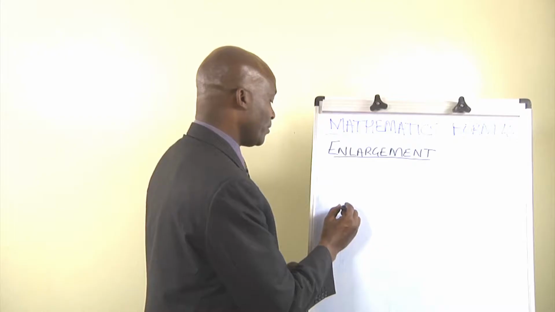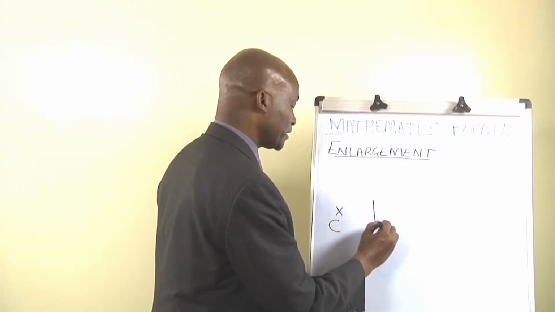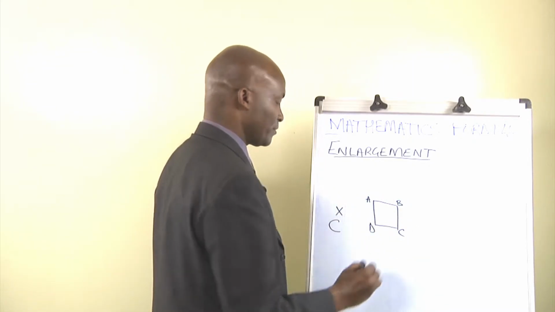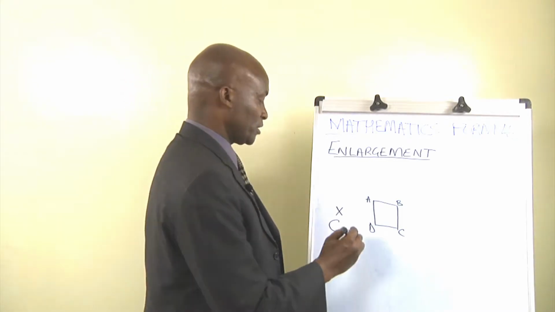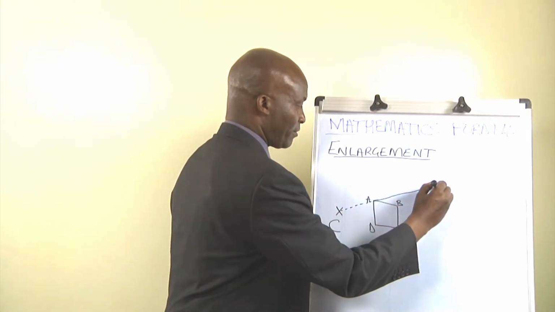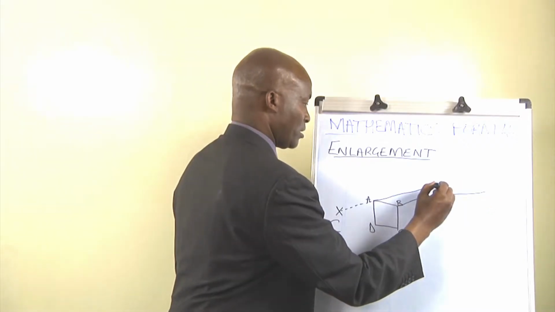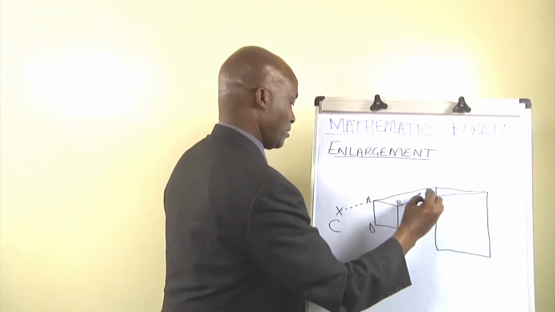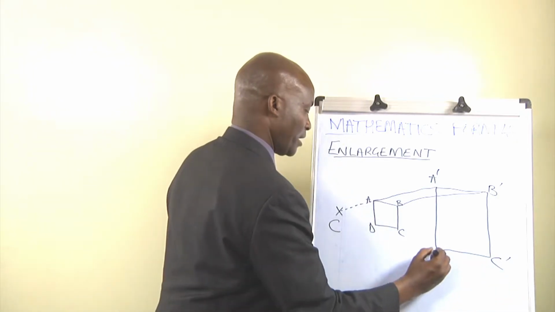Let's take, for example, that the point C is the center of enlargement, and we have an object A, B, C, and D. Supposing we give it an enlargement of scale factor 2, scale factor positive 2, so we will have the image A prime, B prime, C prime, and D prime.